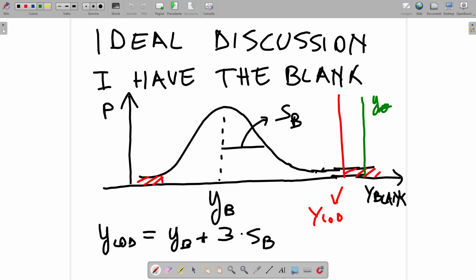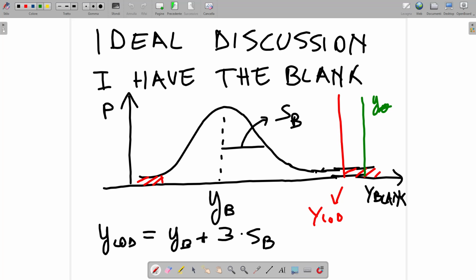So we want a low risk to be wrong in saying the analyte is present. The discussion is, I know, a little complicated, but try to follow me. Exactly. Can we recap? Okay.